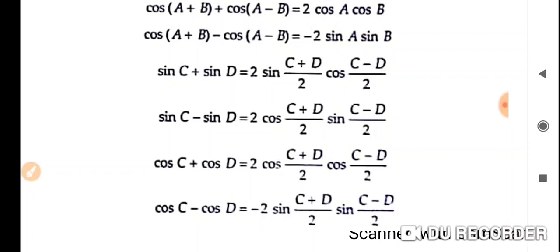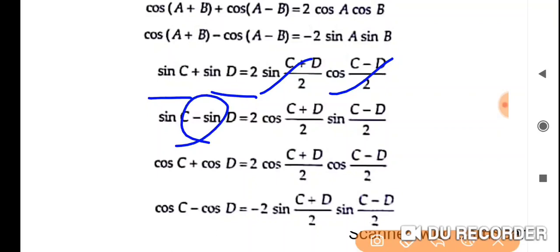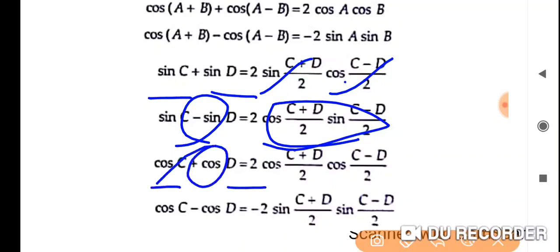Dear students, look here. Whenever there is sin plus sin, here it is sin cos, and in case of difference you have to reverse cos with sin. In case of cos, for the sum cos C plus cos D, cos is used, and in case of difference sin is used.